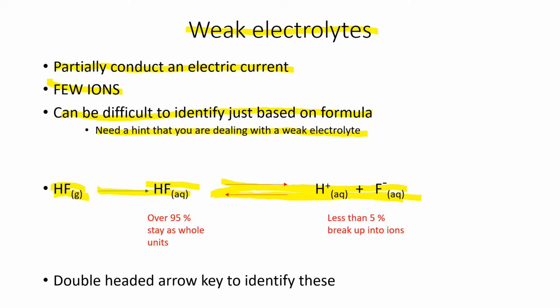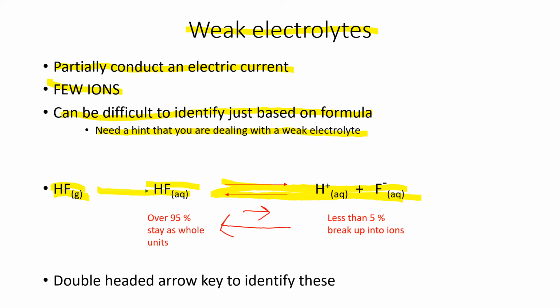That means both processes are happening, both forward and reverse. And sometimes you'll even see the arrow with only a very small one written forward and a much larger one written going in the reverse direction, further illustrating that not very many of these particles are actually going to break up into ions.